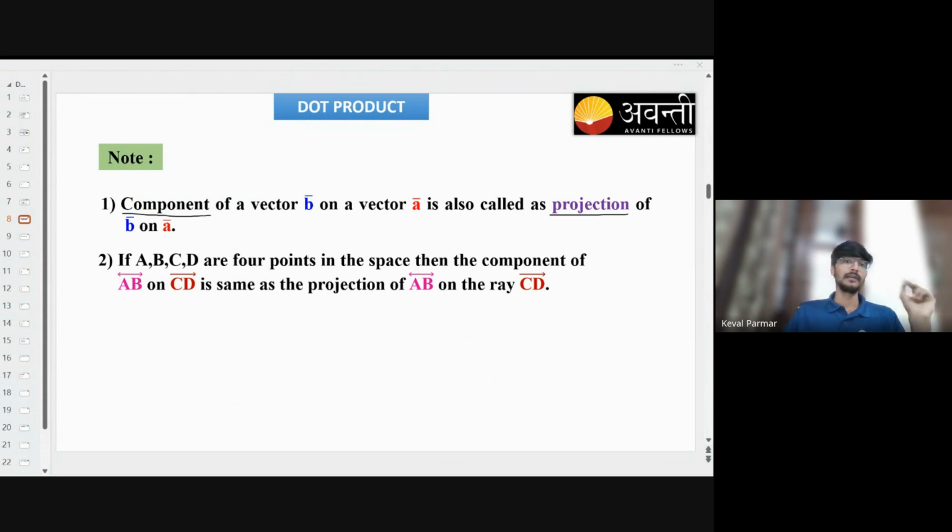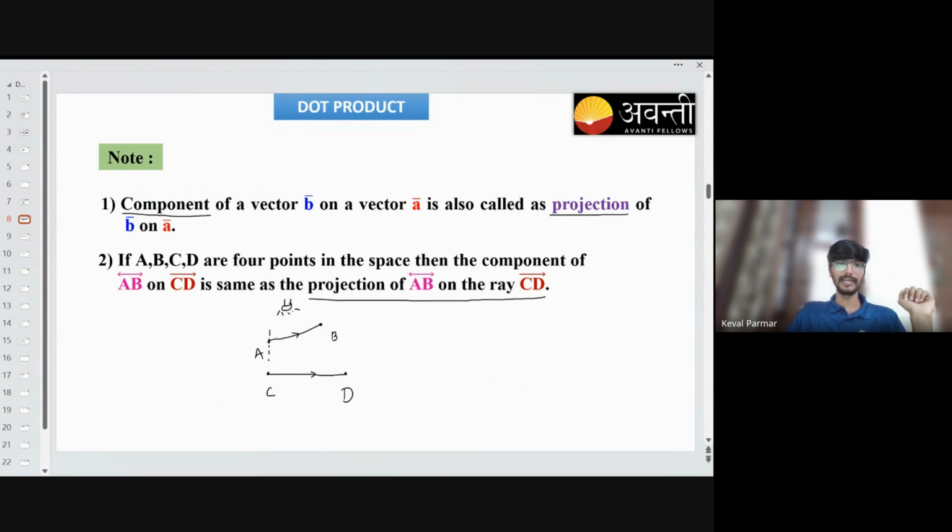Now, let us say we have 4 points. That is C and D, so I'll get a CD vector, and then points A and B, so I'll get an AB vector. Now, if I want the projection of AB bar on CD bar, तो क्या करना पड़ेगा? टॉर्च ऊपर से चालू करो.